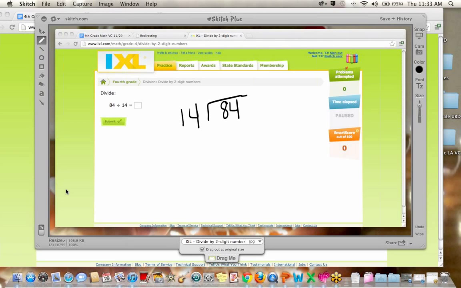So you just have to keep trying a couple different numbers until you come up with one that works. And then type it into the chat.